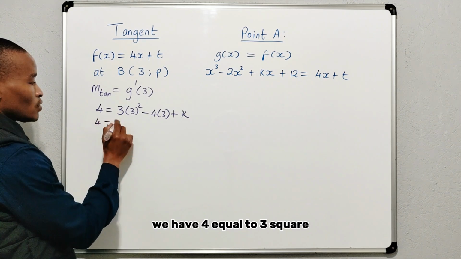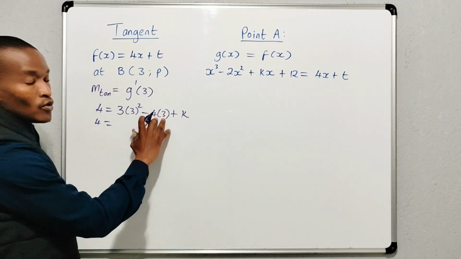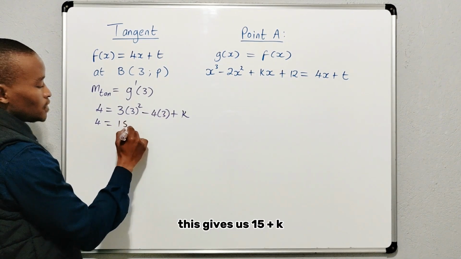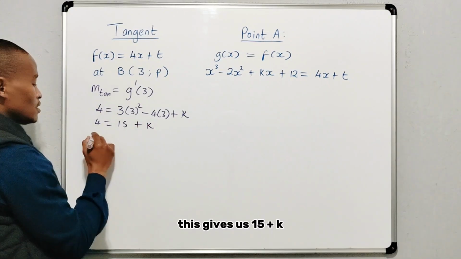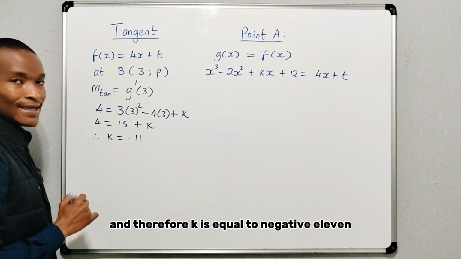Let's go for it. We have 4 equal to 3 squared, 9 times 3 is 27. 27 minus 12, this gives us 15 plus k, and therefore k is equal to negative 11.